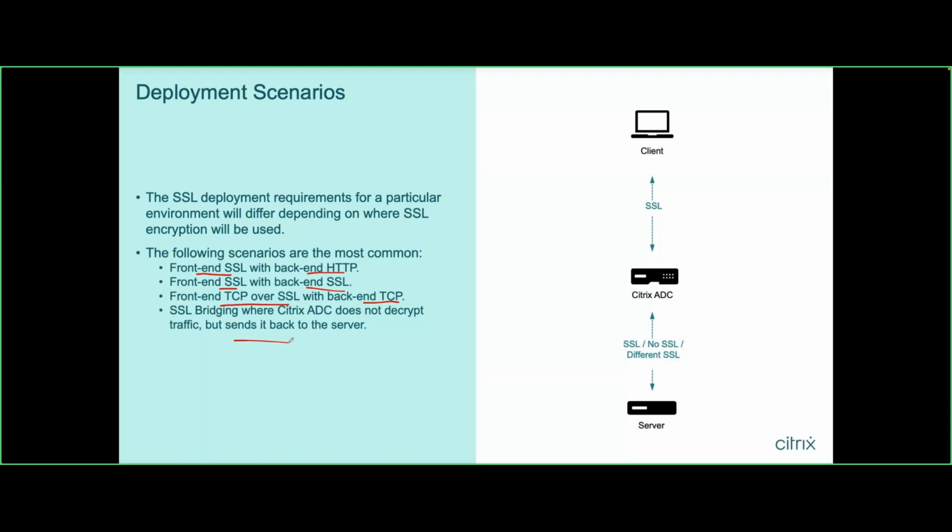So it's sending it back to the backend server as the default traffic, right? You might not be offloading it on the ADC. It is just taking the traffic as it is and passing it onto your backend Exchange server.